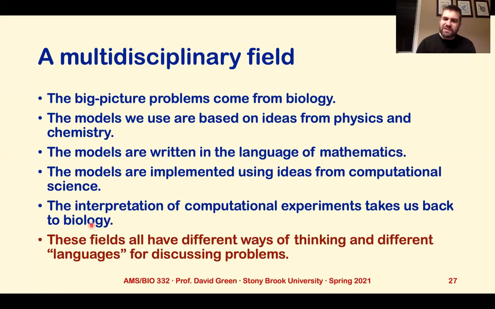One of the challenges with this is that these fields all have very different ways of thinking about things, even different ways of talking about problems. In many ways, there are different languages for each of these different fields. Fundamentally, the way that a physicist tackles a problem, the way that a mathematician tackles a problem, the way that a biologist tackles a problem tend to be different. The words that you're used to, the words that are sort of comfortable in your mind are different.